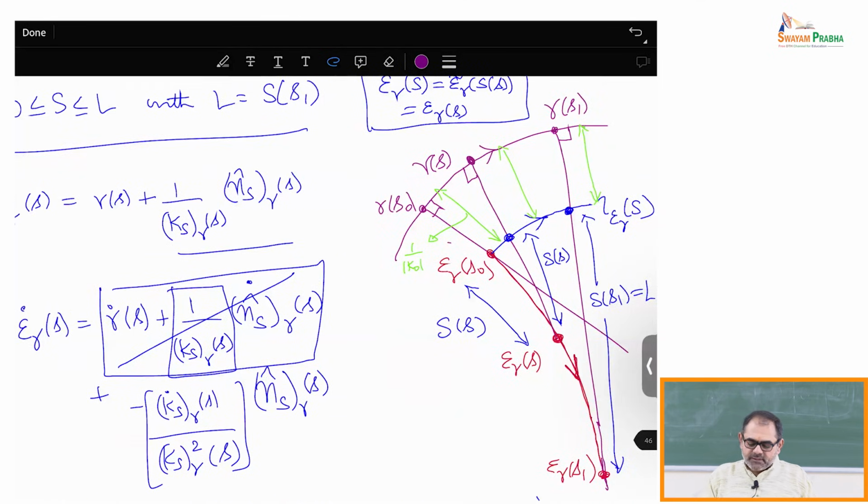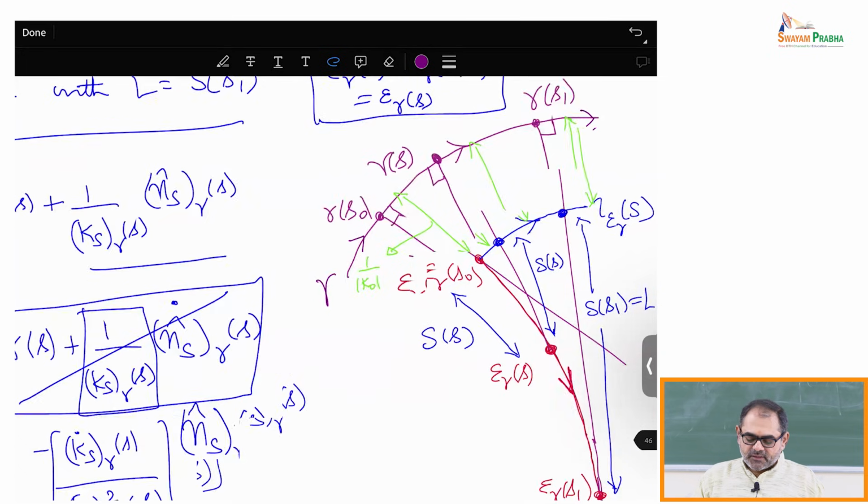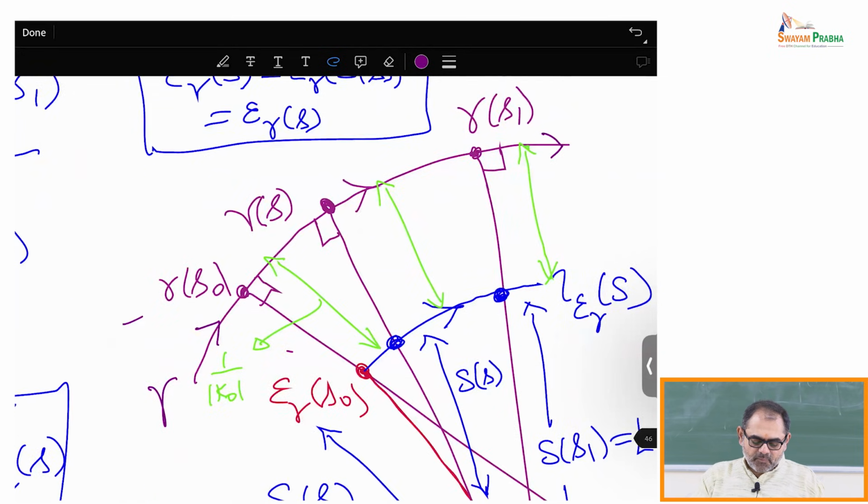You see this is the curve gamma, in purple, and it is oriented like this. I'm going to consider the portion of the curve from gamma of S0 to gamma of S1, namely this portion of the curve.